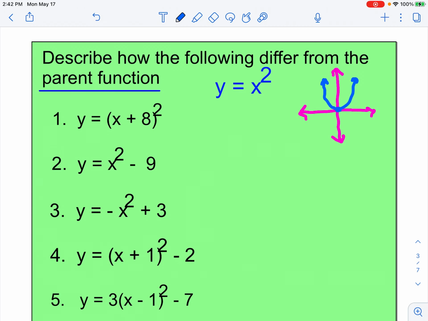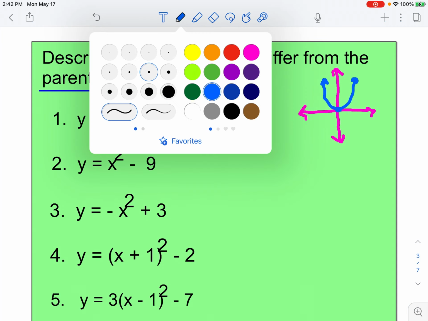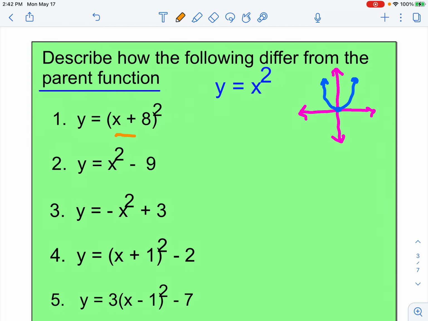When you vary that in vertex form, the number inside the parenthesis shifts it left or right, and it's opposite of what you think. So this parabola would be shifting to the left 8. And it is not going up or down at all because we don't have a k value right here. So it's just left 8.